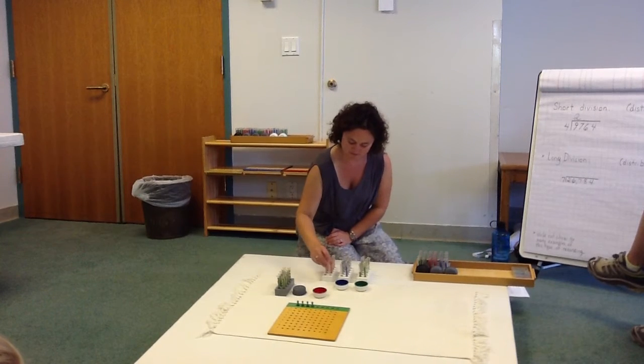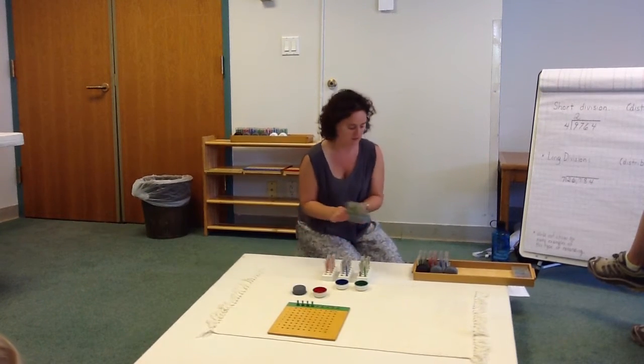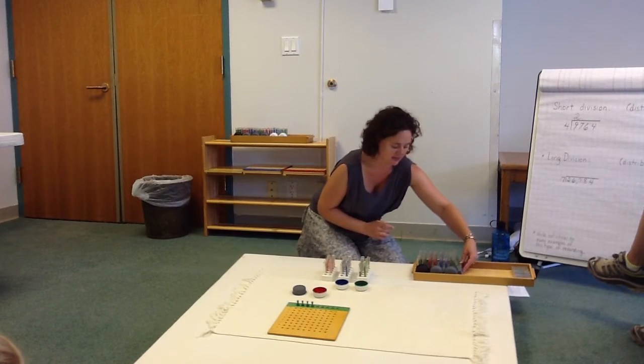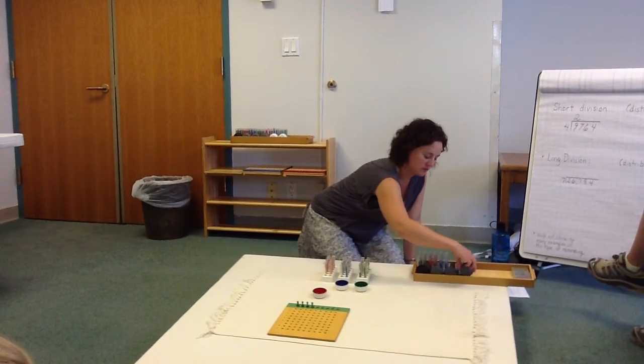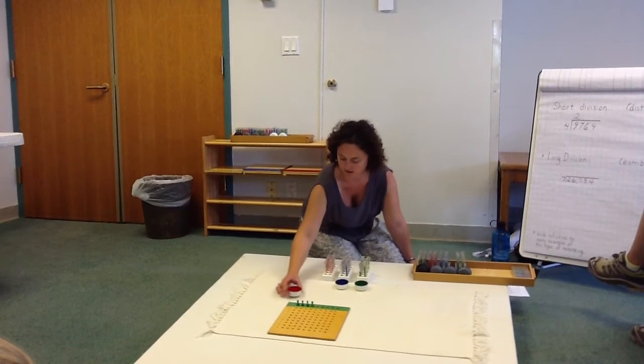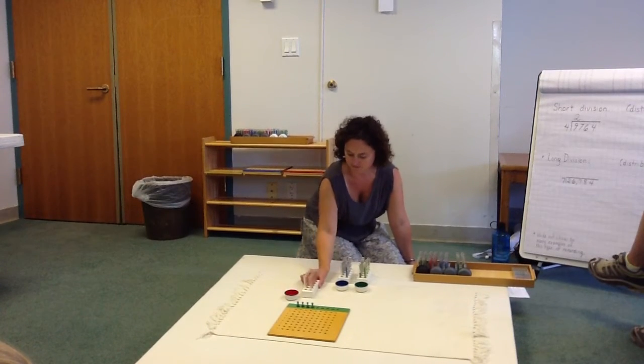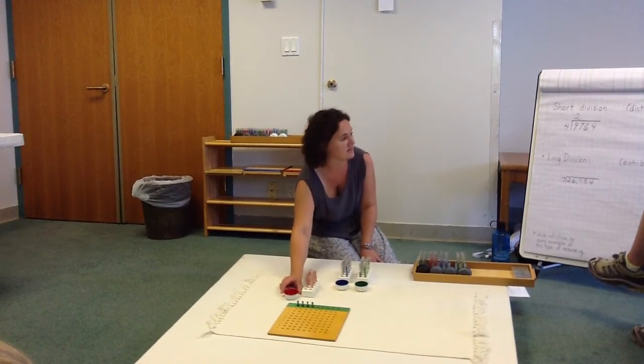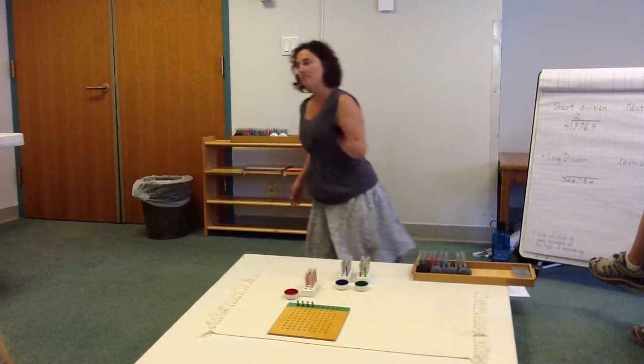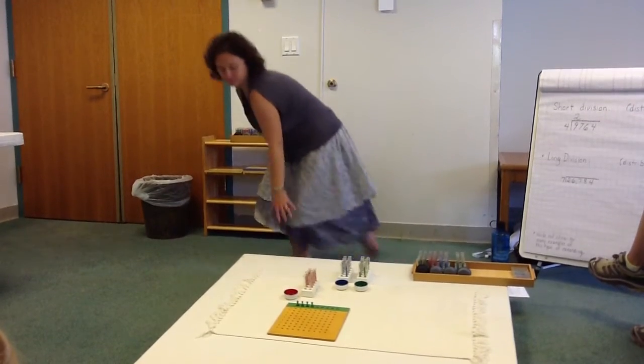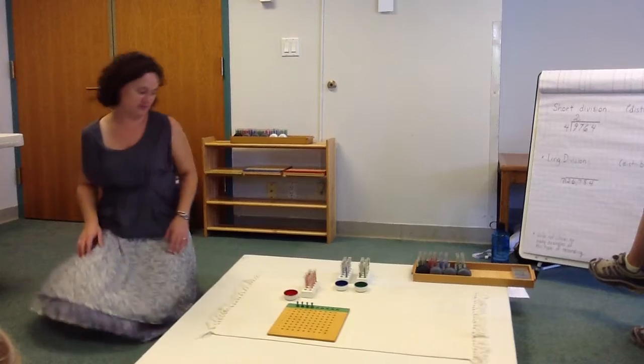I'm going to dump them in, and say adios to my thousands. I'm back over here, and I'm going to bring my hundreds down. So I have the 700s that were in there before, plus 10 from that exchange. So I have a total of 17.